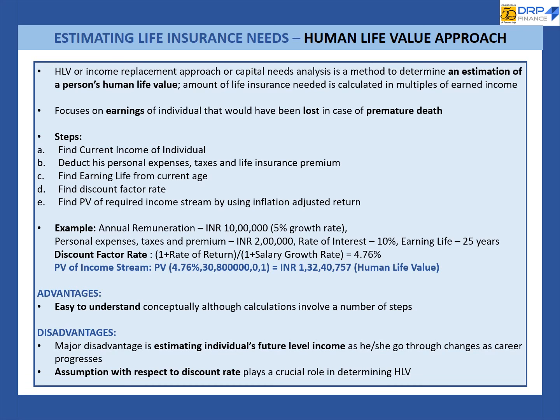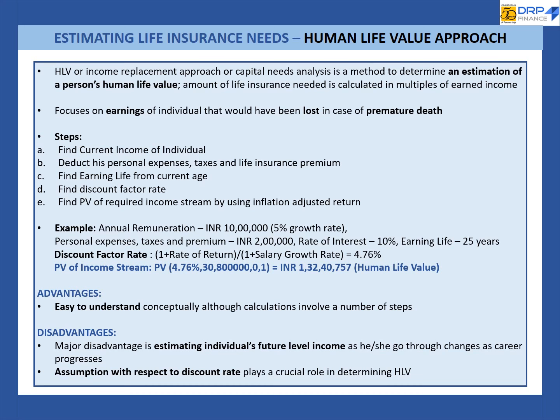For example, if annual remuneration of a person is 10 lakh with 5% growth rate, personal expenses are rupees 2 lakh, rate of interest is 10%, and earning life is 25 years. Then first of all we will calculate discount factor rate, which is 1 plus rate of return divided by 1 plus salary growth rate, which comes out to be 4.76% in this case.